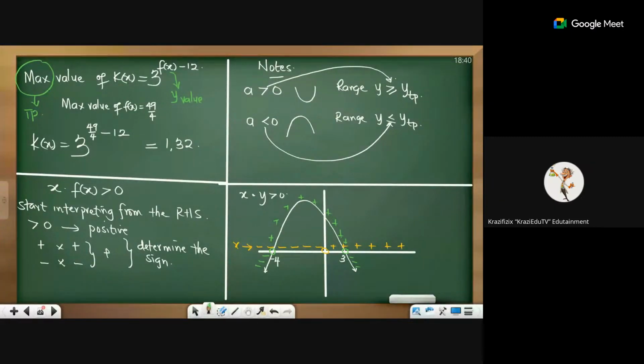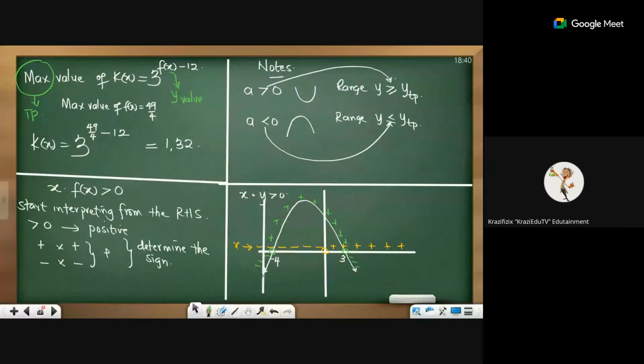Maybe I should add f prime of x as well. What am I looking for? Same signs, negative and negative. Just take a ruler and ask yourself, which sign am I touching here? The green is negative, the yellow is negative.